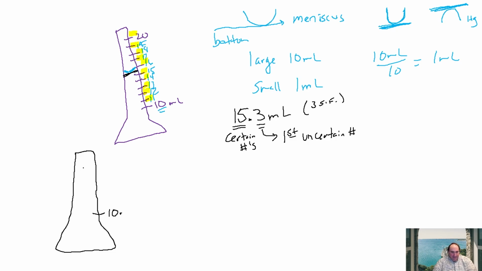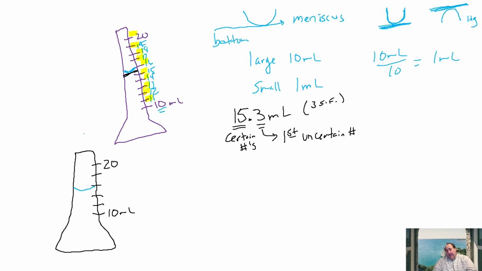We got a 10 milliliters there. Bad quality control apparently at this factory. So on this graduated cylinder, let's put some liquid in it. Maybe hide the bad artwork here. We'll go right about there, maybe.